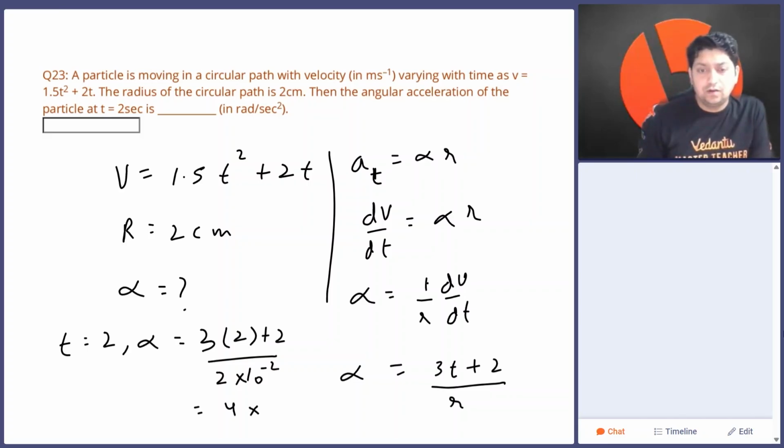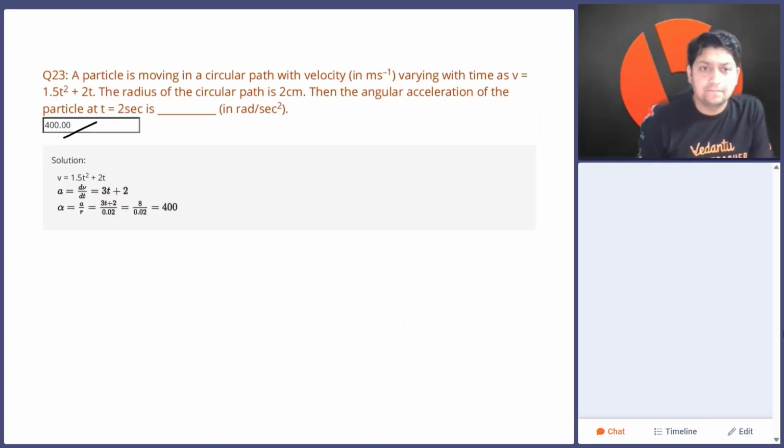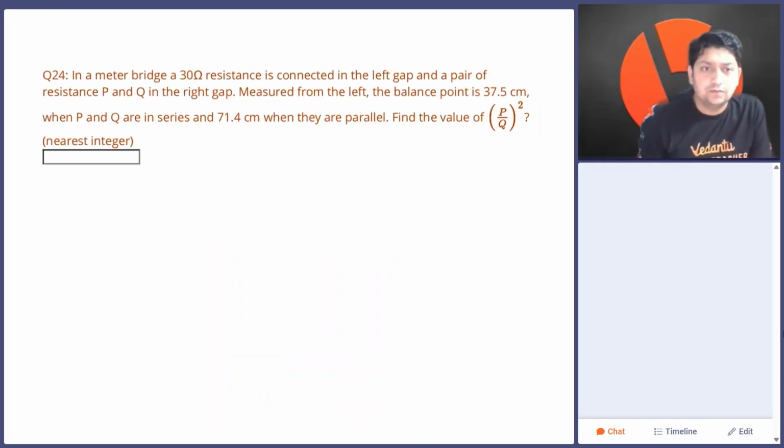Four into 10 raised to power 2. So the answer is coming out to be equal to 400 radian per second square, right? So the correct answer has to be 400. That's it. Yes, 400 is correct. Let's move to the next question.